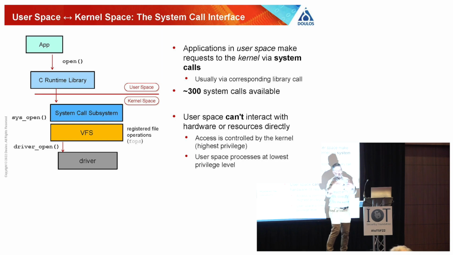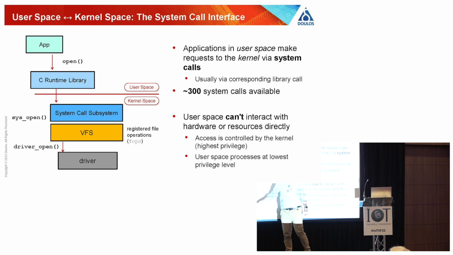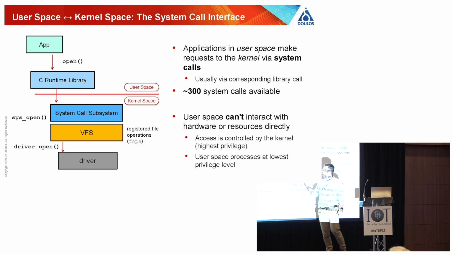So if it was opening a file, it would go off into the file system handling code, open this file on a USB stick or whatever it might be. If it's actually interacting with a piece of hardware, then it would send it down to the relevant device driver. So what we're talking about when we see libseccomp in action is at this level, between user space and the kernel.